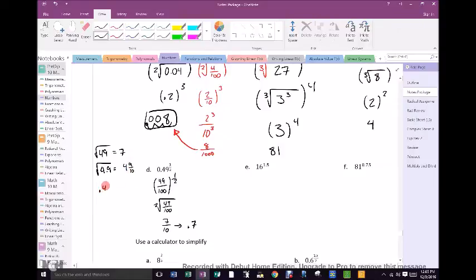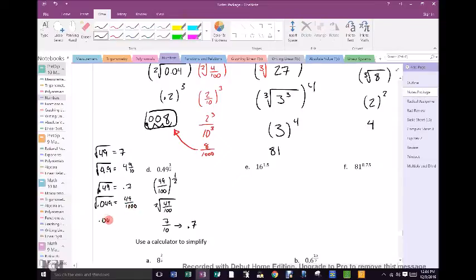Does 0.49 have a square root? We just found out it does. 0.7, right? Does 0.049 have a square root? No. Why? Because it's got 3 decimal places, and that's 49 over 1,000. 1,000 does not have a square root, right?